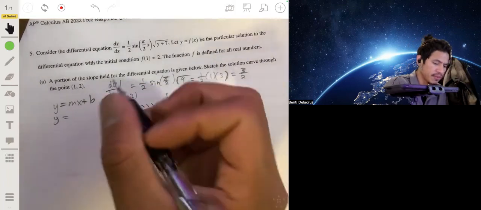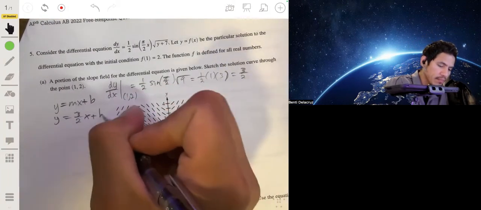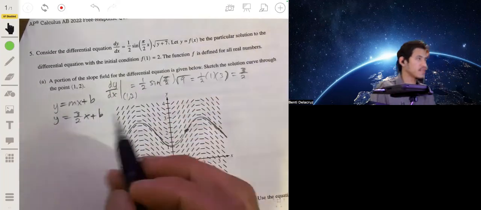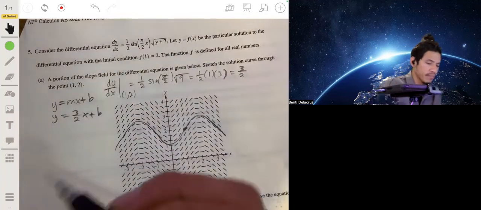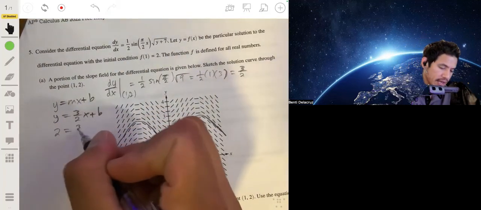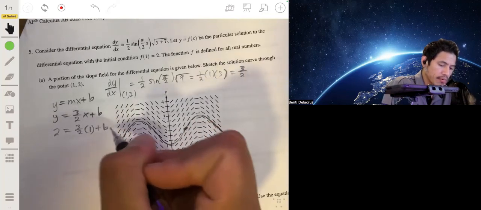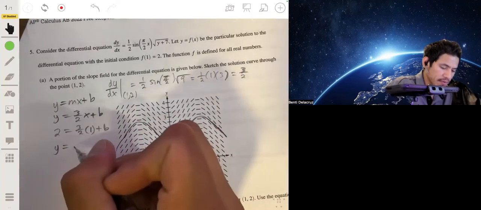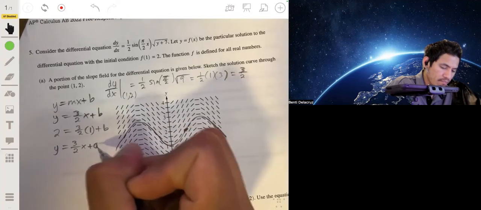So then I'm going to write that y = 3/2 x + b. Now we can solve for the y-intercept by just plugging 1 for x and 2 for y, and we would get that b will be 1/2. So our slope-intercept form of this equation would be y = 3/2 x + 0.5.